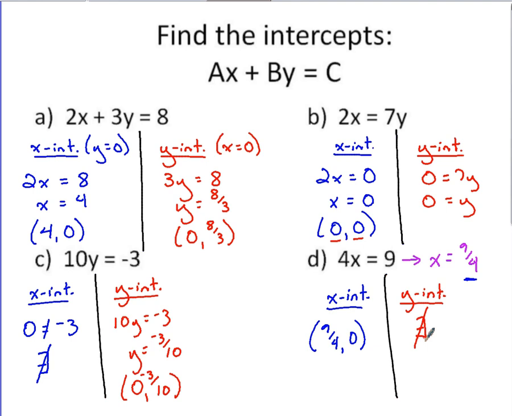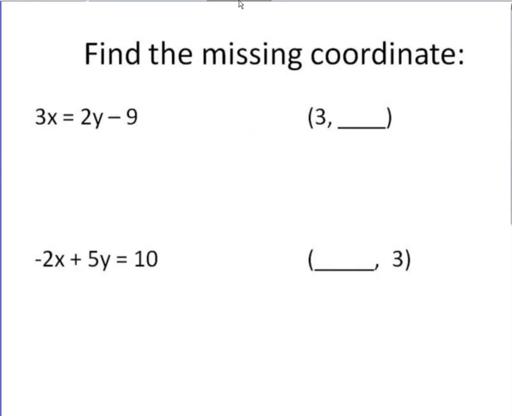If you're asked to find the missing coordinate for an ordered pair given either the x or the y coordinate, this is a lot like what we just did with the intercepts. It's just now we're not dealing with zeros. On this first example, I'm dealing with an x coordinate of 3. So if x is going to be 3 for this ordered pair, I'm going to insert 3 in the place of x in the equation.